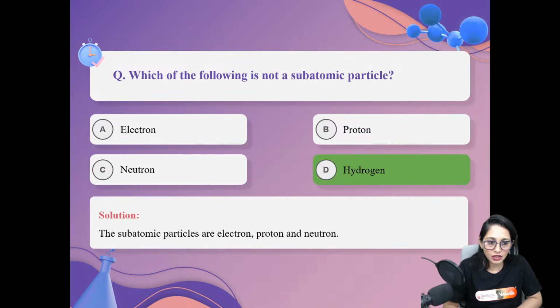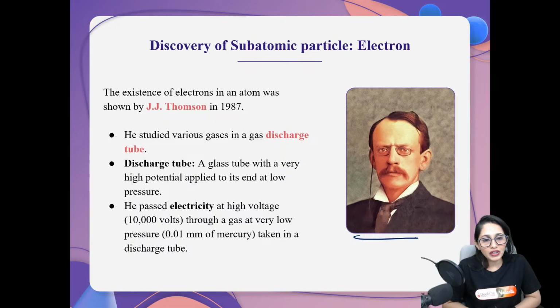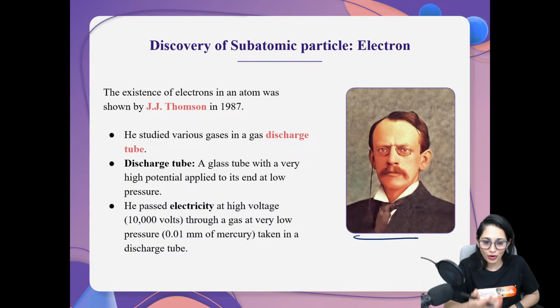Moving forward, we'll discuss the discovery of subatomic particles. The existence of electrons in an atom was shown by J.J. Thomson in the year 1897. I was born in 1997, 100 years after that.